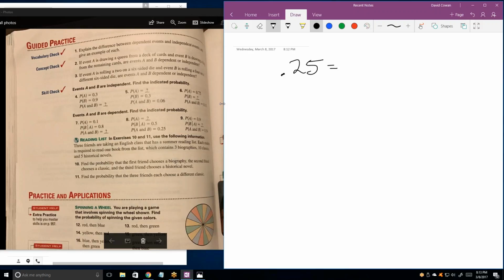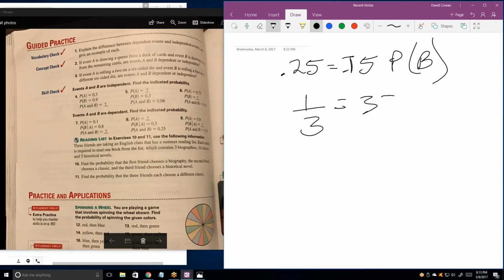P of B times 0.75. My mistake. So P of B is 0.25 divided by 0.75, which is 1/3, 0.333.